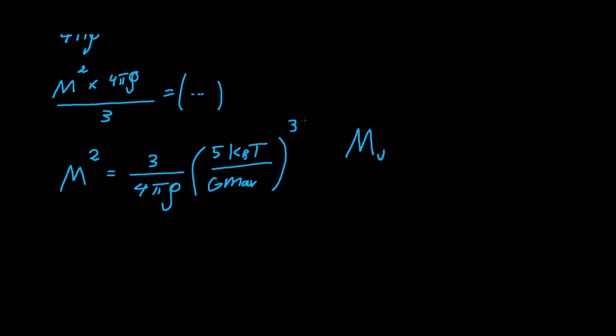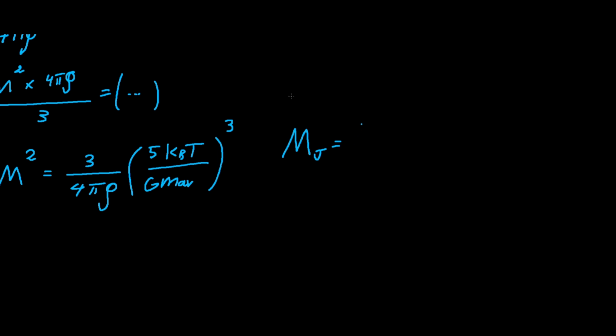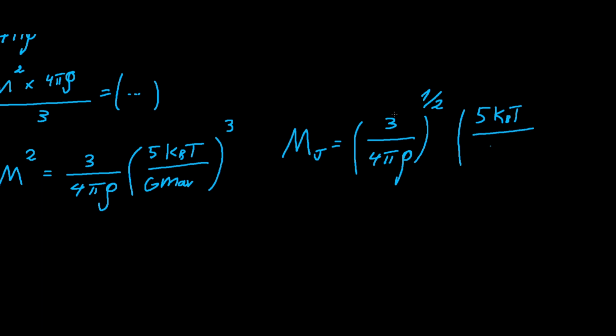This is the Jeans mass, M_J, equals (3/4 pi rho) to the power of a half, times (5 k_B T over G m average) to the 3/2.